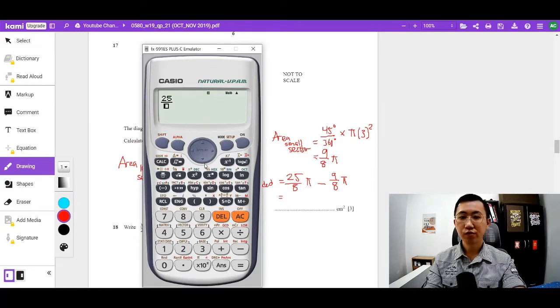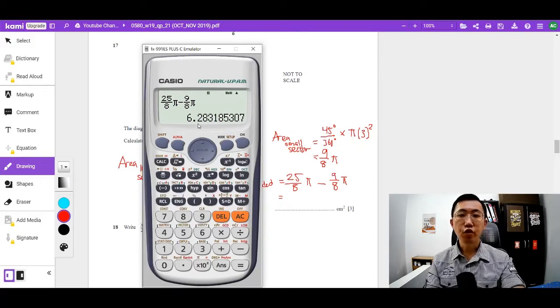So 25 over 8 pi, shift minus. Okay, use this button again. 9 over 8 this time. Right arrow, and then click the pi button. Okay, once you have done this, press the equal button. 2 pi, but we don't want to lock in 2 pi as a final answer because that is not the marking scheme answer. So you gotta change it to decimal like this.